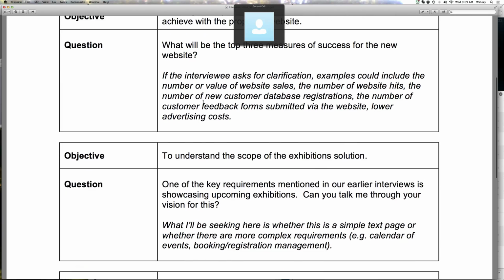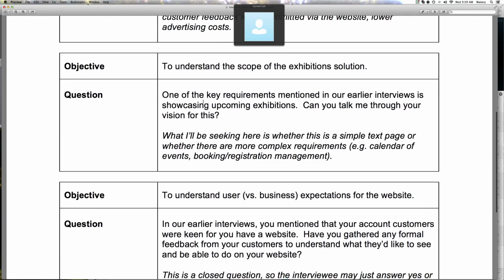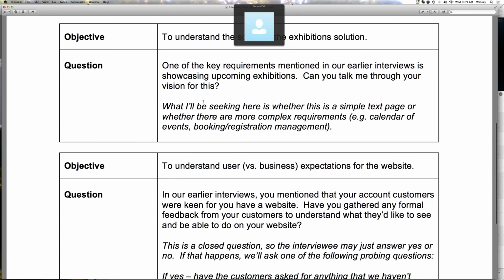One of the other key requirements that we've talked about in our early interviews is being able to showcase your upcoming exhibitions. Yes. Can you talk me through your vision for the page for this? Yes. For the website, it's because we have regular exhibitions for the ceramics, so people can actually touch and see. That's one important part of our business. So during the exhibition, I want people to be able to see what's online.